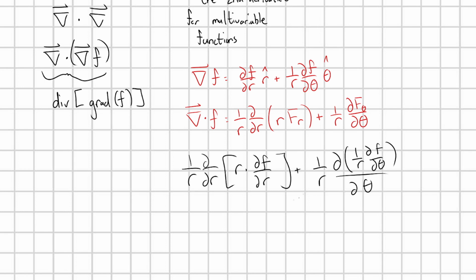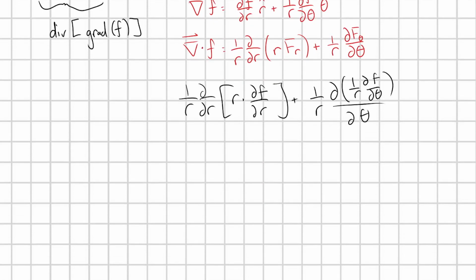And now we just expand this all out, right? Just a little bit of product rule. So I'm going to go ahead and have 1 over r, start with the derivative of r, so this is just going to be df dr plus, now product rule it, right?